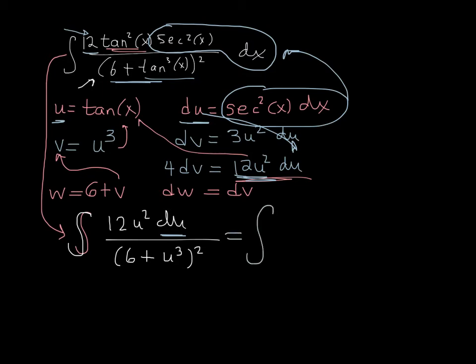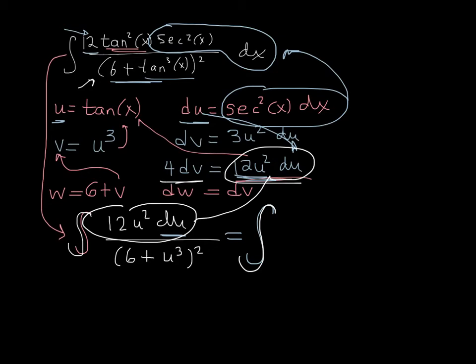Well, again, working backwards, I'm going to keep working and put it in terms of w. That becomes 4 dv. Well, dv is dw. So that piece right there becomes 4 dw.